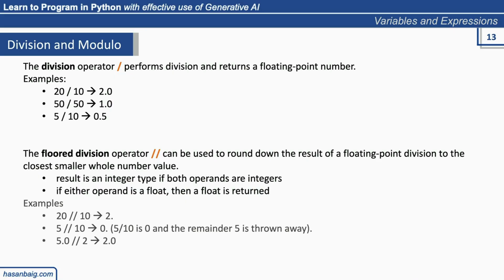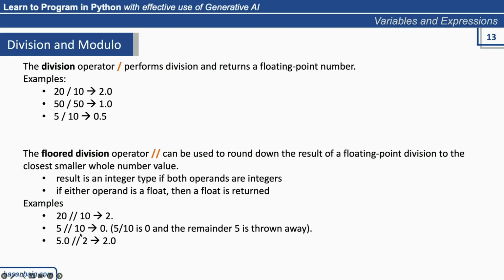Let's see examples. 20 floor divided by 10, both operands are integers, so the output is also an integer. Unlike the simple division operator, where the output was 2.0, with the floor division operator it is only 2.